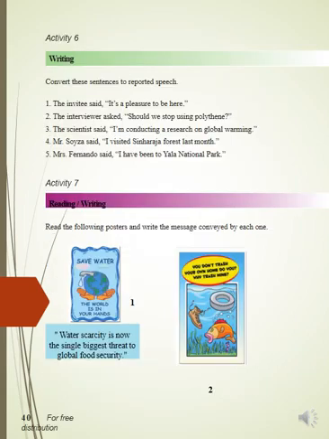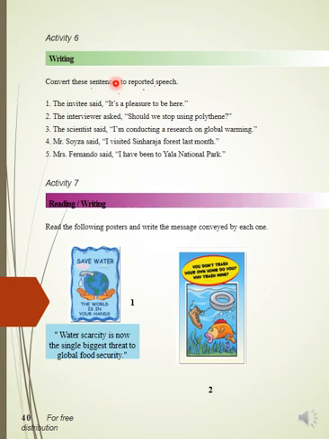Activity 6. Writing. Convert these sentences to reported speech. They have given some direct speech here. Children, now you have to convert these sentences to indirect speech or reported speech. First one, the invitee said, "It's a pleasure to be here."